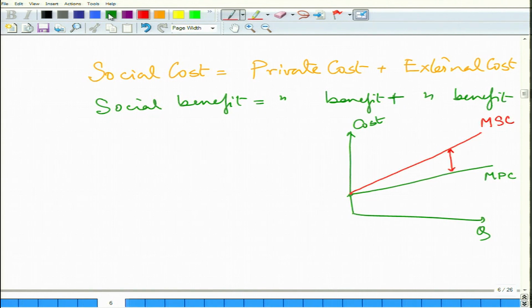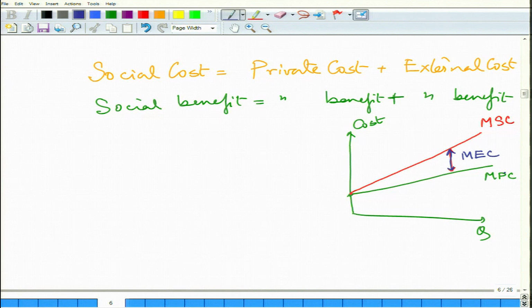This vertical difference is the marginal external cost, because together MPC and MEC give this MSC, the marginal social cost.